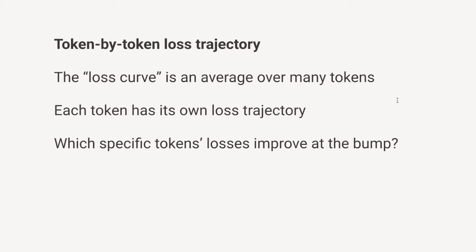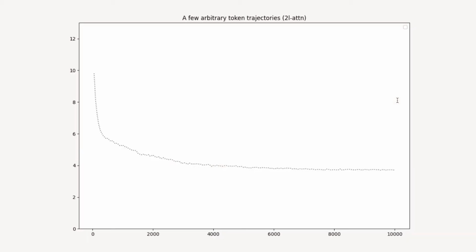Let me just show you a visual sense of what I mean by that token by token loss. Here's the familiar average token loss curve. Over the course of training step, the loss improves on average. Now, of course, this is made up of individual tokens. So I'll show you an arbitrary token from the Harry Potter demo text.